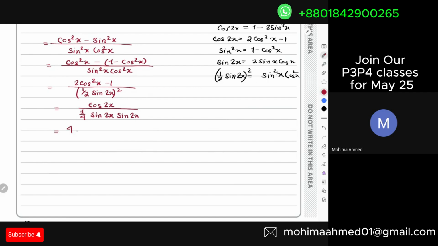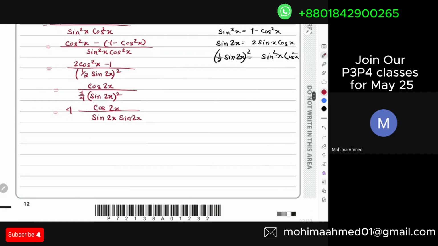So we basically have 4 cos 2x divided by sine 2x sine 2x. There's a reason for writing sine 2x separately, because we have sine 2x whole square. Sine 2x whole square means we have 2 sine 2x multiplied with each other. I'm going to break this down as cos 2x divided by sine 2x, and then multiply this with 1 divided by sine 2x.